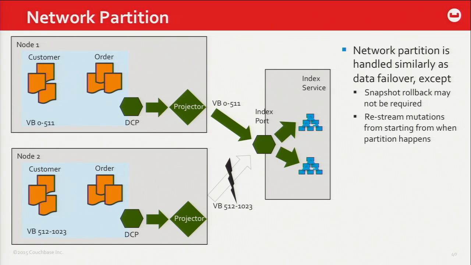The index service finds there's no change in the rebucket master, so it will try to reconnect to node 2. Upon successful reconnection, or when the network partition is repaired, the index service will ask the projectors to restream any keys from the points where the network partition happened.